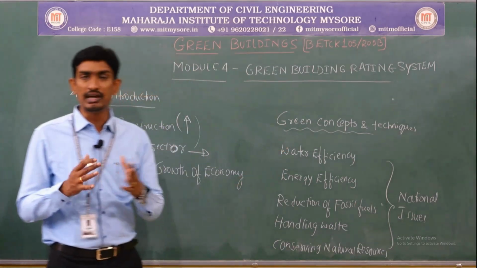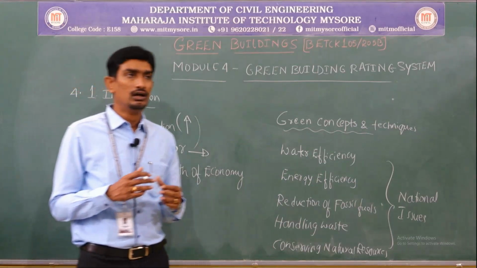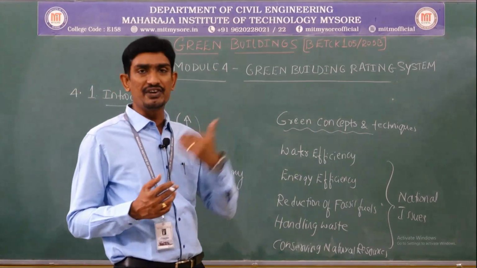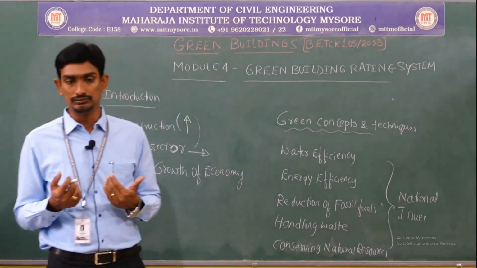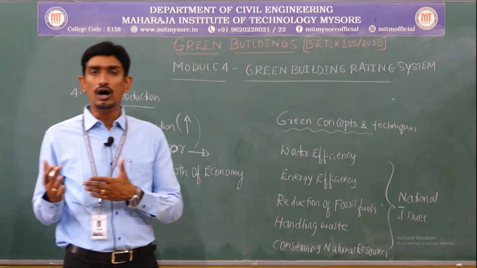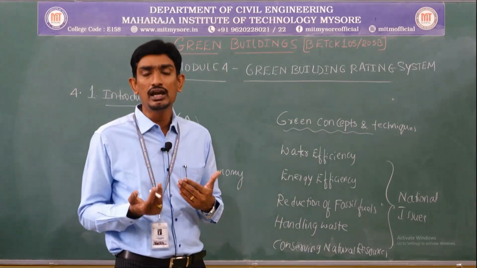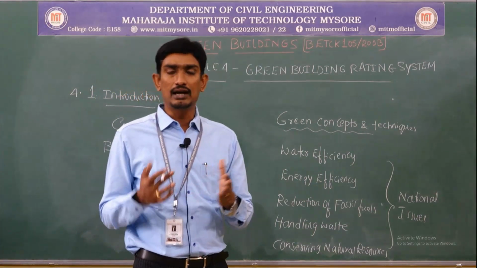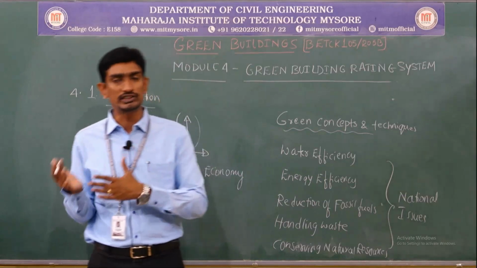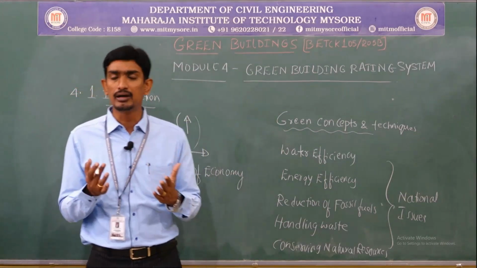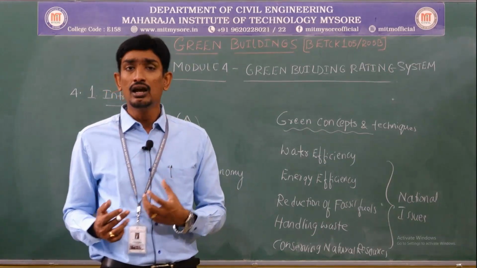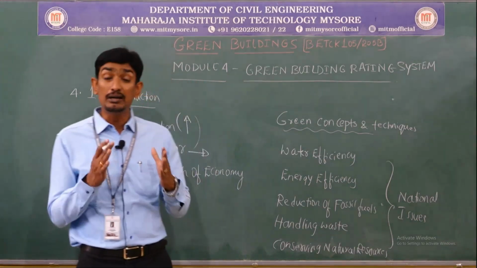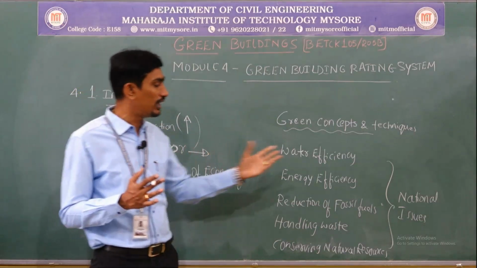Water efficiency is the major crisis now because, see, in our home, how efficiently are we using the water? In a household, for example, for bathing, cooking, washing and cleaning purposes, we are using water. How efficiently we use this water plays a role with respect to the national issues.